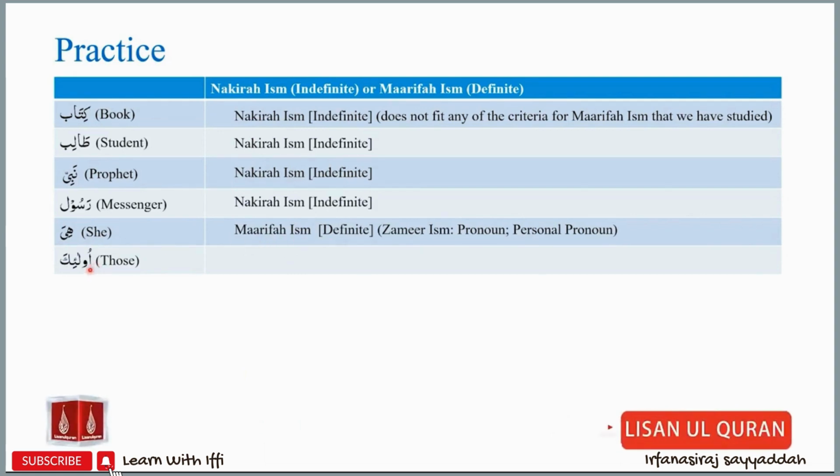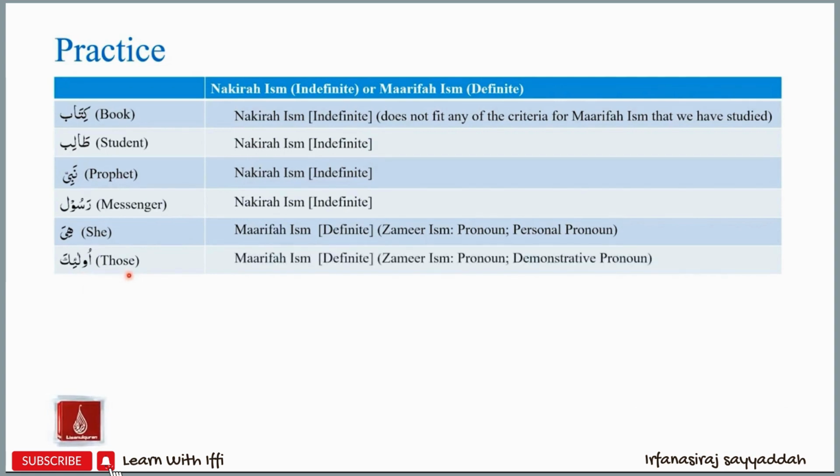The word ulaika is used abundantly in the Quran. Ulaika means those, and those is used as a demonstrative pronoun. And we know that demonstrative pronouns are included in definite asma. Therefore, the word ulaika is an example of a definite ism or marfa ism.